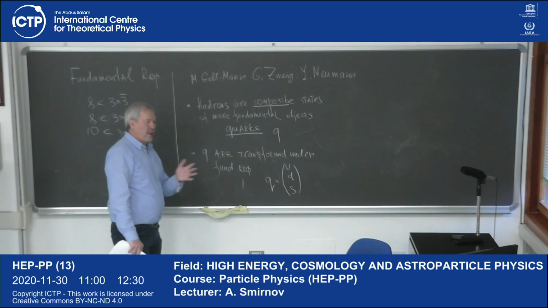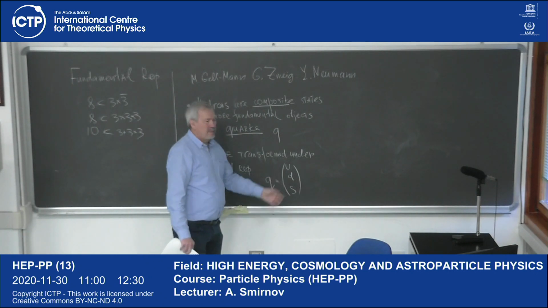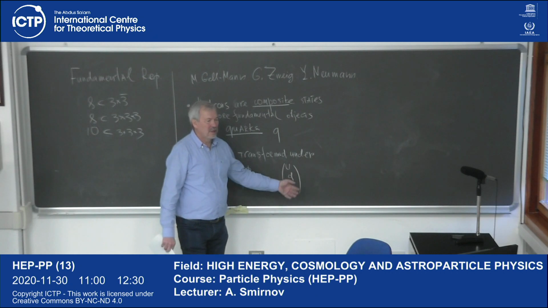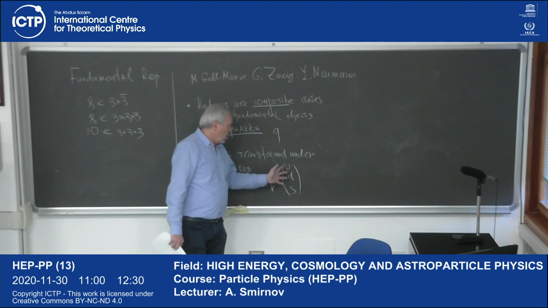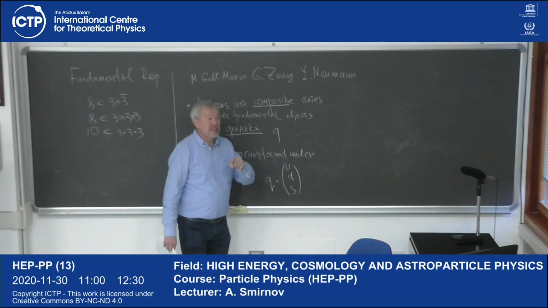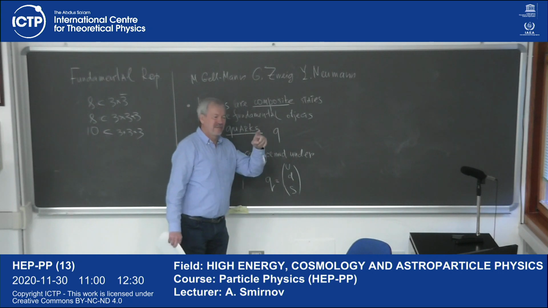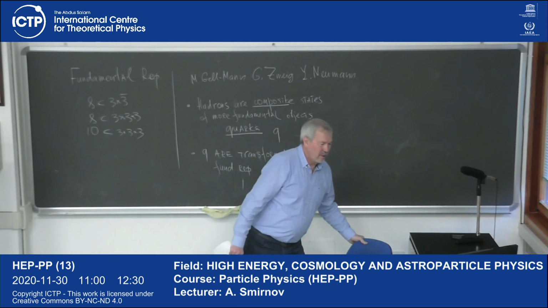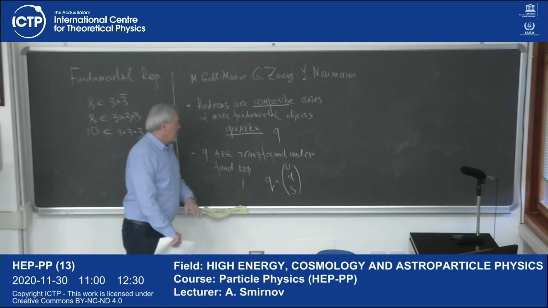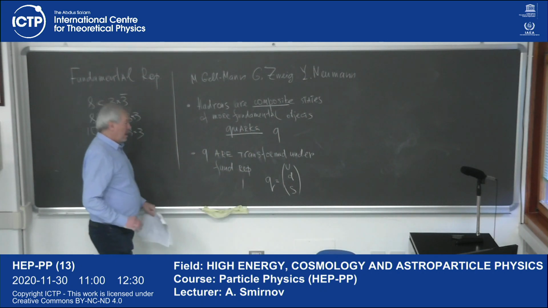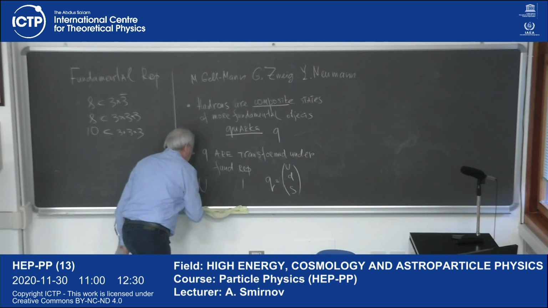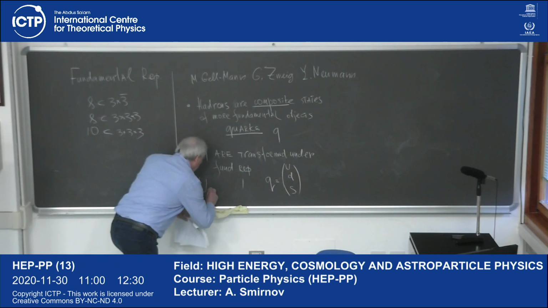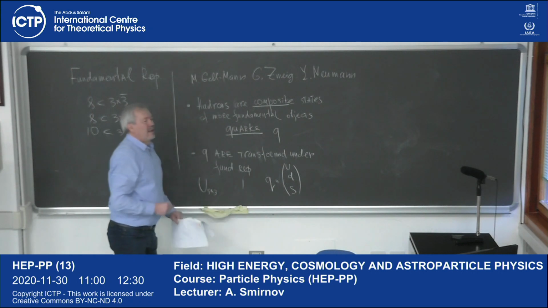Sometimes you can meet in literature people saying, oh, triplet representation. More precisely, quarks form a triplet which is transformed under representation 3 of the SU3 group. So this is the complete and precise expression of what's going on. We have a triplet of quarks which are transformed under 3 by 3 matrices, which are representations of the SU3 symmetry group.